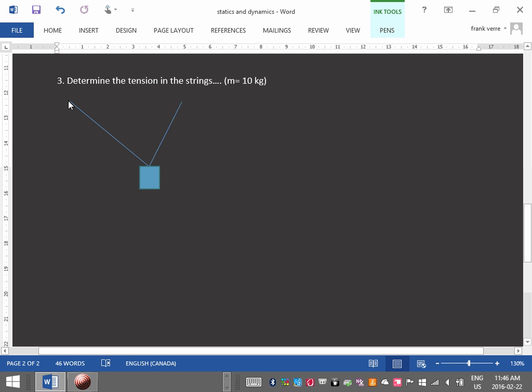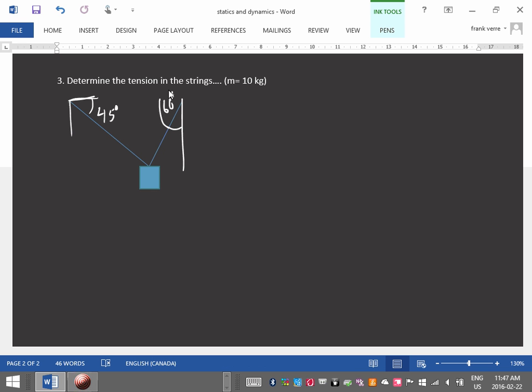So we have something hanging from the wall, and let me give you the angle. We'll say this is 45 degrees, and we'll say this is 60 degrees. Okay, so I'm making the angle with respect to the ceiling. So imagine we have an object, like maybe this could be a sign, being held from the ceiling.